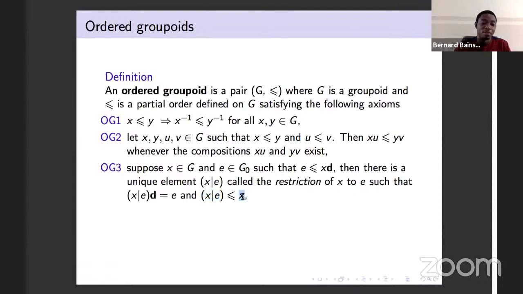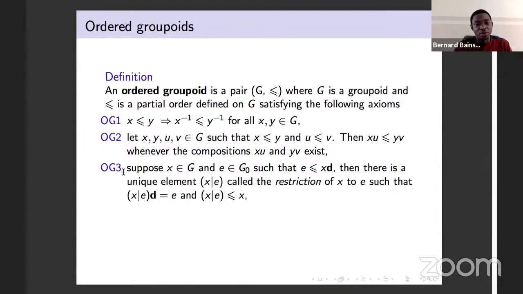So it's like you have a morphism x that sits up there, and then you have an identity e that sits at a point below the domain of x. So you should be able to find a unique morphism, which we are calling the restriction, that will start from e, and then this morphism is below x. So it's going to be less than or equal to x.